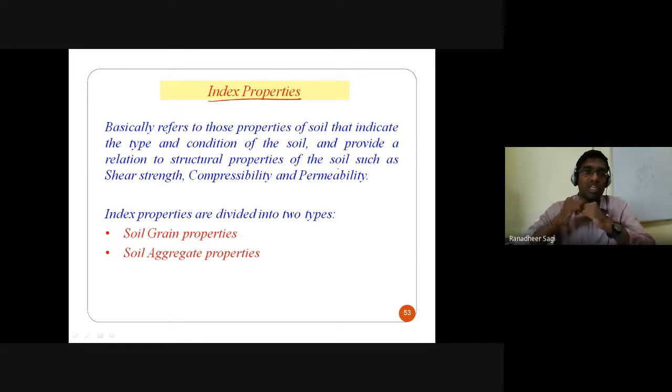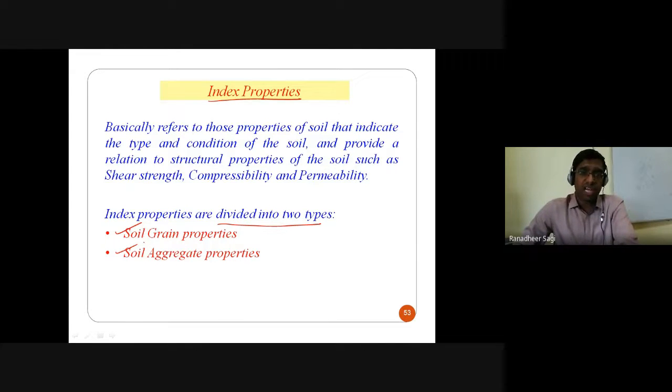The behavior of that soil can be predicted based on knowing its index properties. Index properties are in general divided into two types: one is soil grain properties and the other is soil aggregate properties.